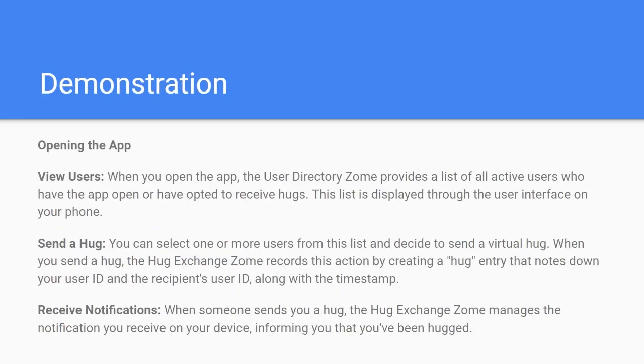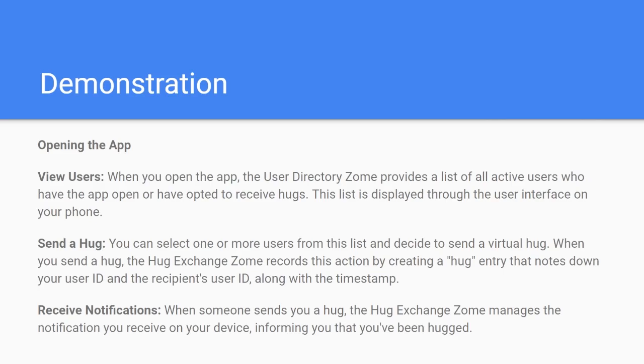So the idea is, when opening the app, you will see a user directory zome that provides a list of all active users on the app who have opted to receive hugs. This list is displayed through the user interface on your phone.